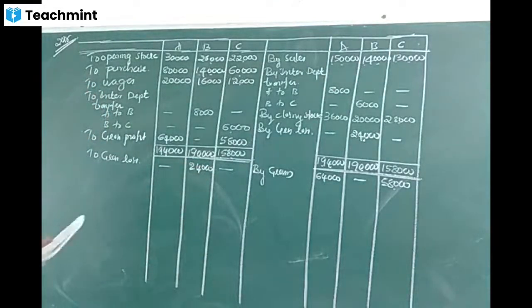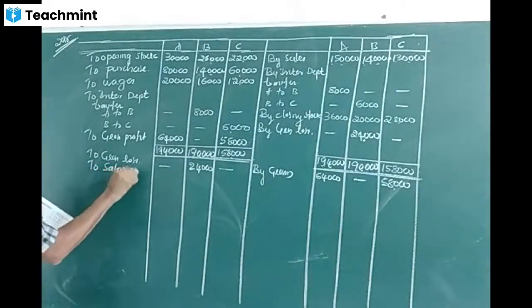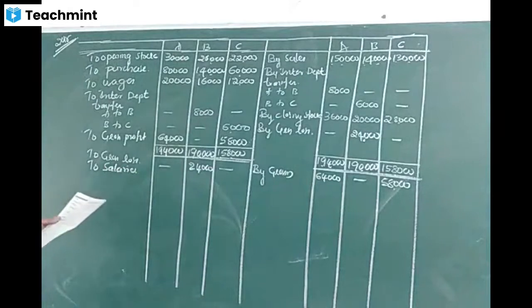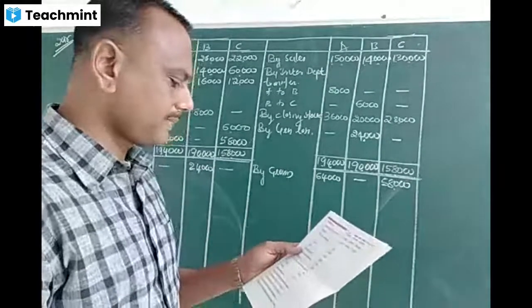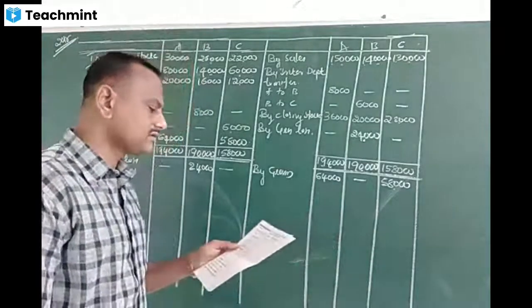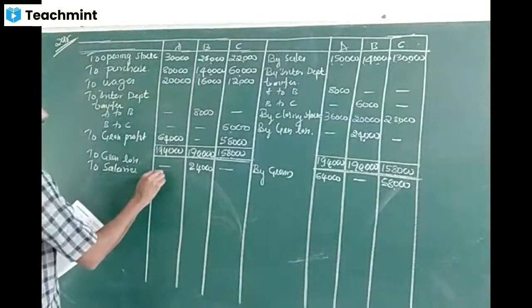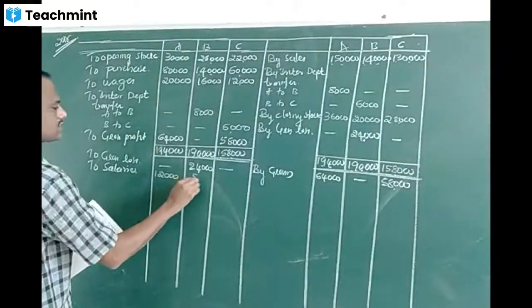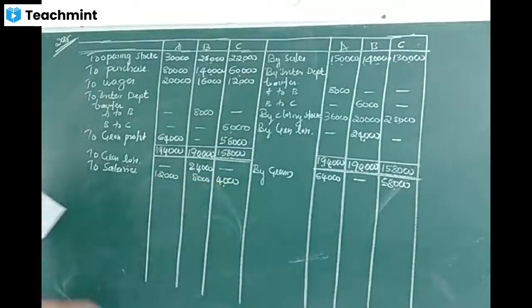After that, we have to debit the expenses. First one, salaries. We have allocated salaries 24,000: 12,000, 8,000 and 4,000.